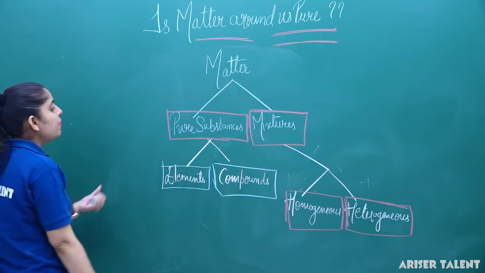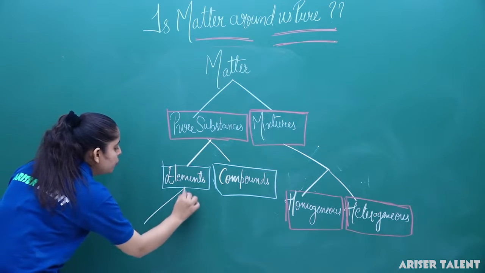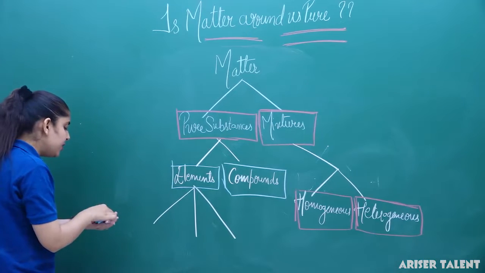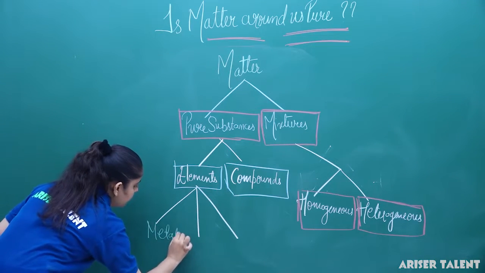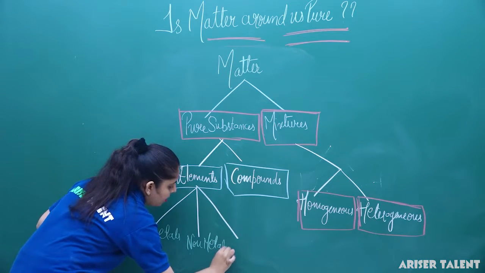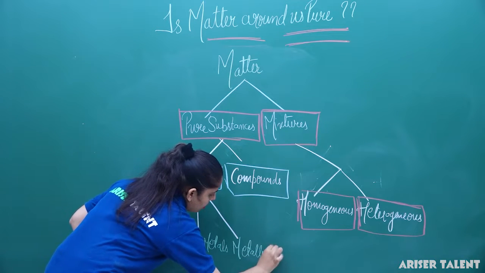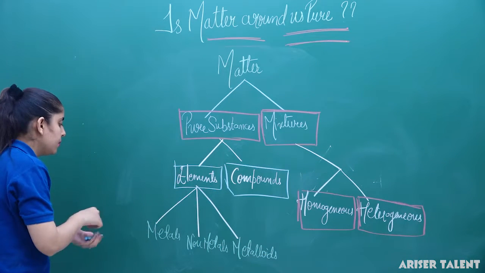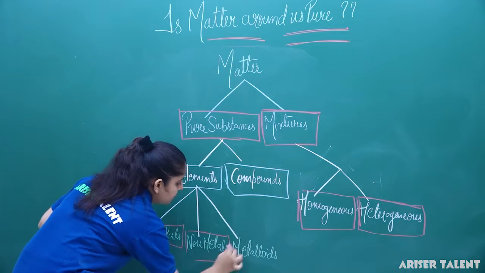Now, if I am talking about elements, they are further divided into three categories, and these three categories are metals, non-metals and metalloids. So these are the three categories of elements you have.